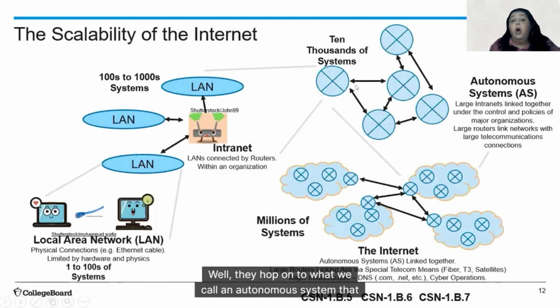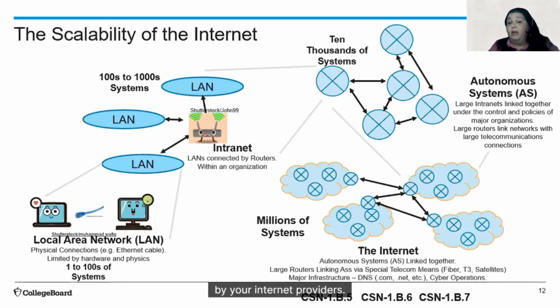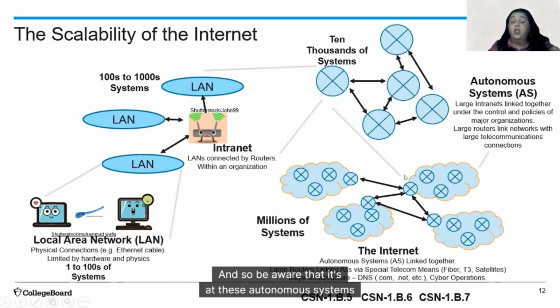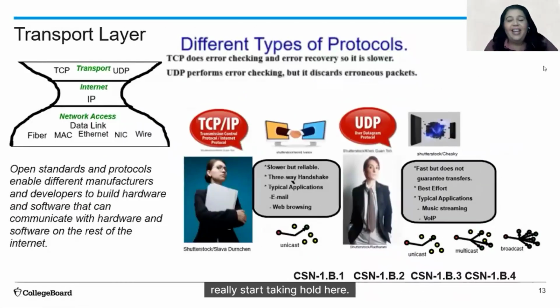Well, they hop onto what we call an autonomous system that has thousands of these intranets. Your autonomous systems are controlled by your internet providers, okay? And with all these hundreds and thousands of autonomous systems, they want to join the bigger version of the internet. So be aware that it's at these autonomous systems that your protocols, your rules of the road, really start taking hold here.